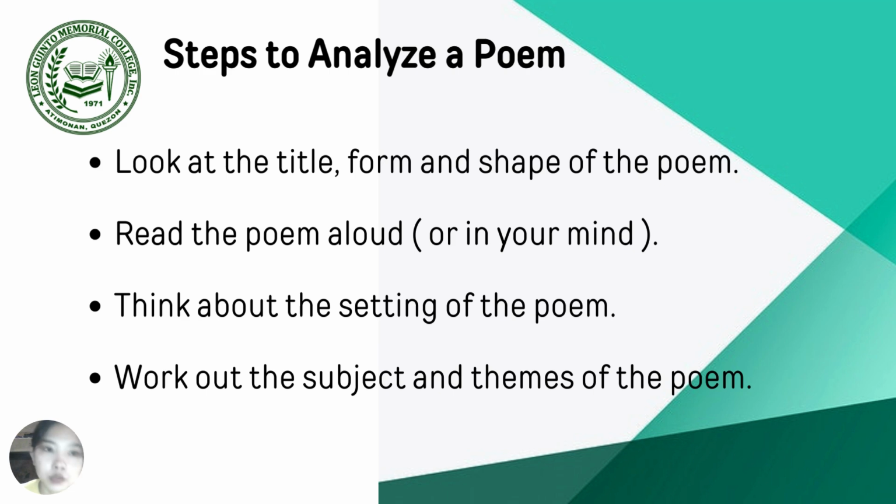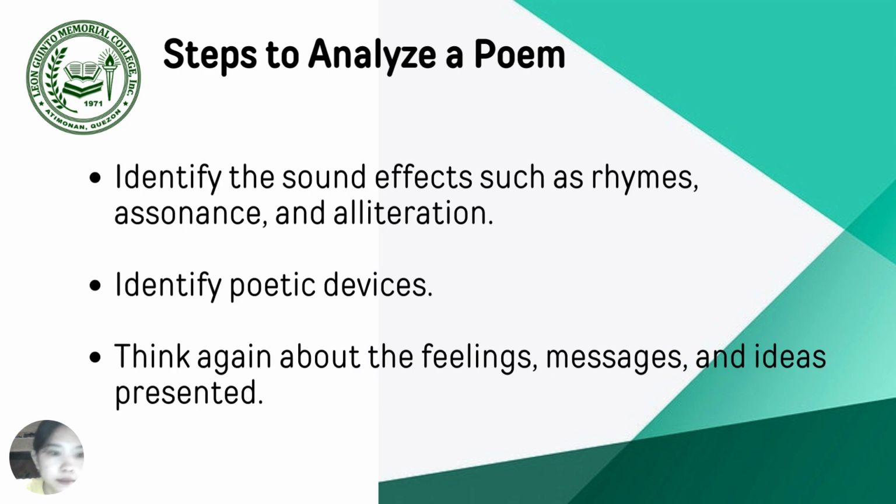Then read the poem aloud or in your mind. Think about the setting of the poem. Work out the subject and themes of the poem and identify the sound effects such as rhymes, assonance, and alliteration. Identify the poetic devices.